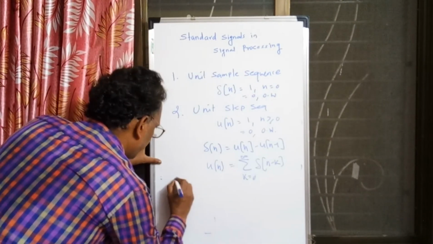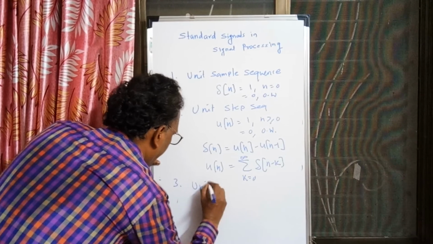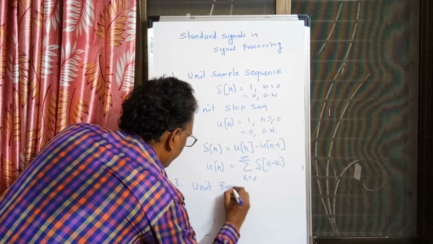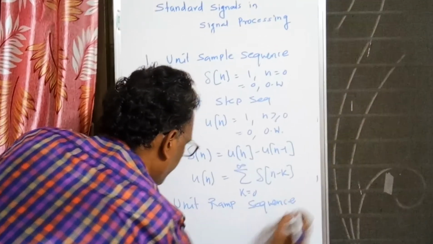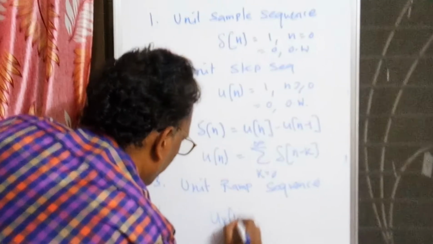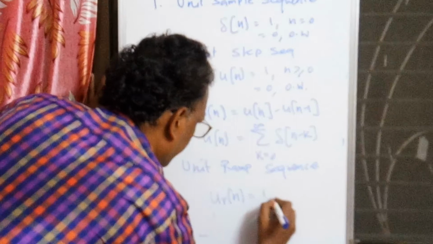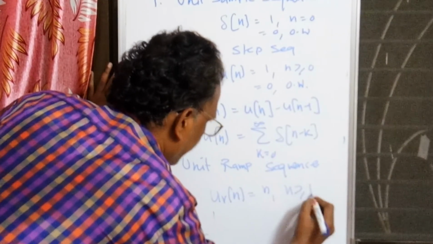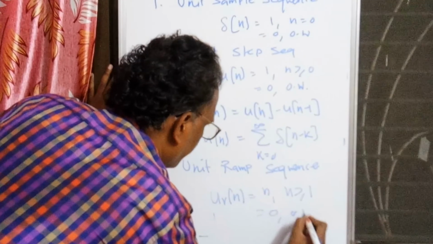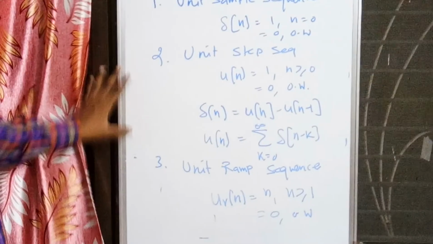And the last signal which we have seen is the unit ramp sequence, which I have told is n if n is greater than or equal to 1, and 0 otherwise, meaning from minus infinity to 0 the signal is 0.